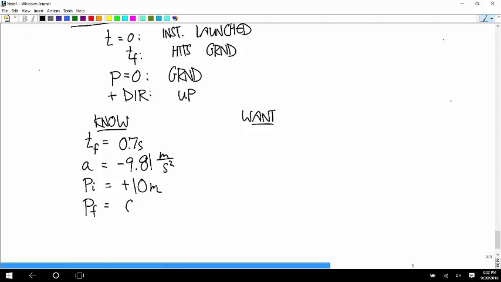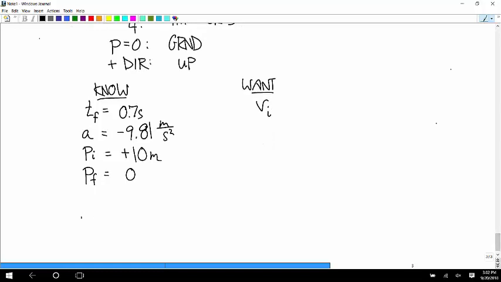Final position is 0. We want the initial velocity, and we don't know or care about the final velocity. The equation that works for this one is PF is equal to PI plus VI TF plus 1/2 A TF squared.